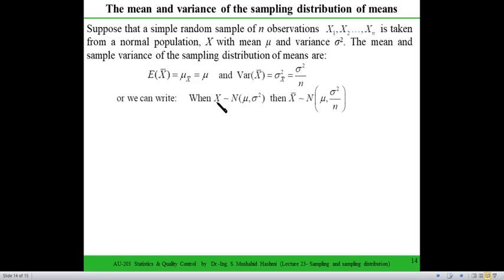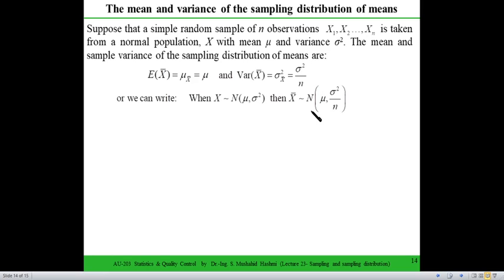We can see, using this fact, that x is a random variable, which is any characteristic from a population, represented by population parameters. For example, mu and sigma square are population parameters, and we know that when your random variable is normally distributed and you take samples from this normal population, their sample means would also be normally distributed.